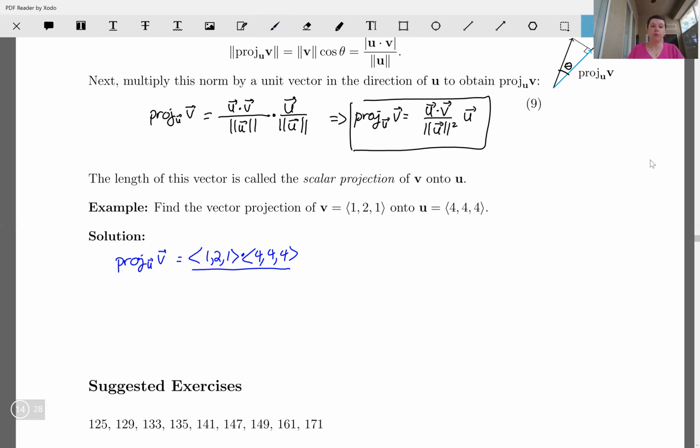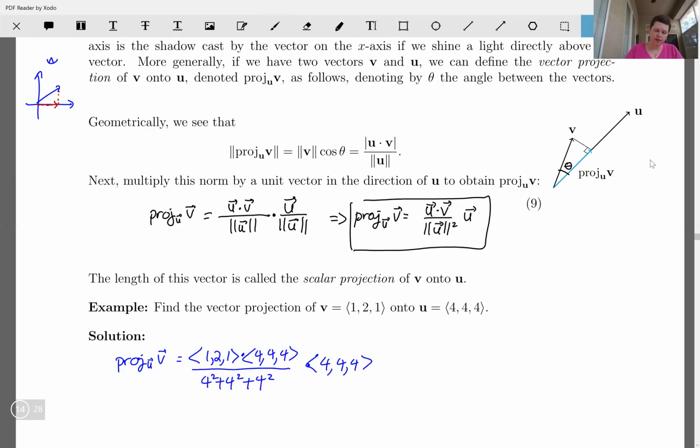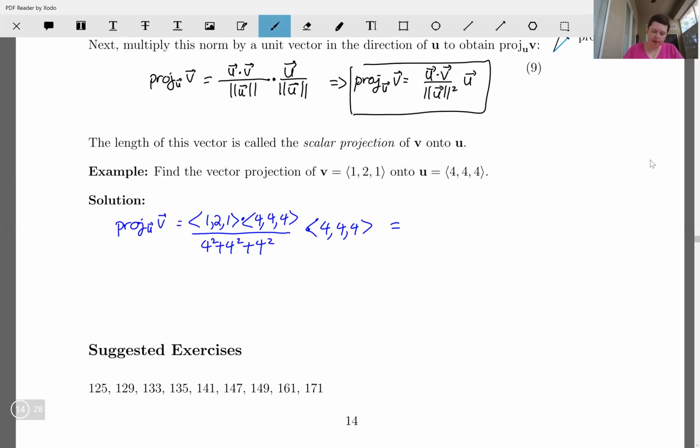So that's the square root squared, which just means that we're looking at 4 squared plus 4 squared plus 4 squared times the vector 4, 4, 4. The first quantity is a scalar, so it's just a regular scalar product. Okay, so that gives me 1 times 4 plus 2 times 4 plus 1 times 4 divided by 64 times 4, times our vector 4, 4, 4.